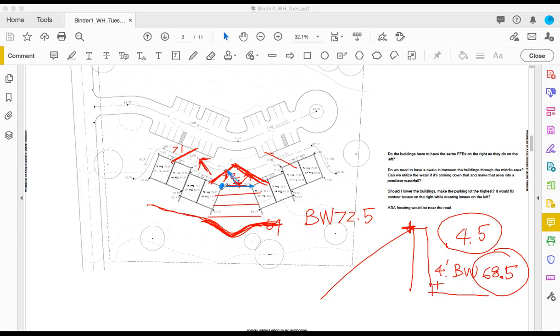They could be the same, but all the spots along the wall here will be higher than 72. But at least they need to maintain a 2% slope from this point, which is the furthest from the 72 contour. Yeah, I know this is getting a little small. Got it. That makes sense. Thank you.